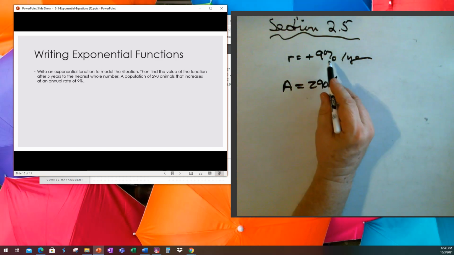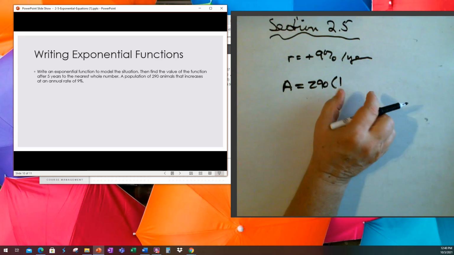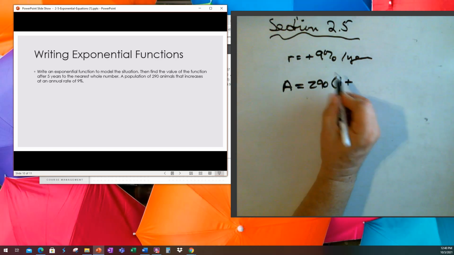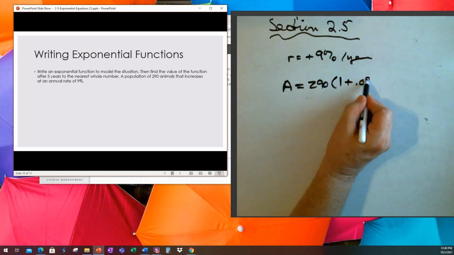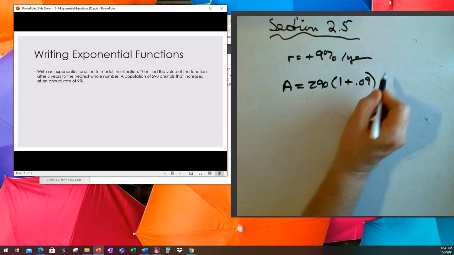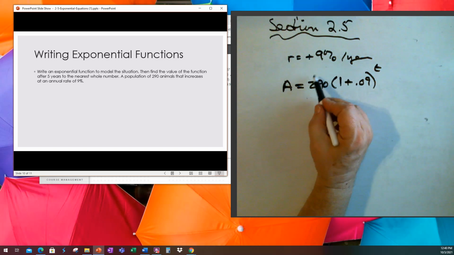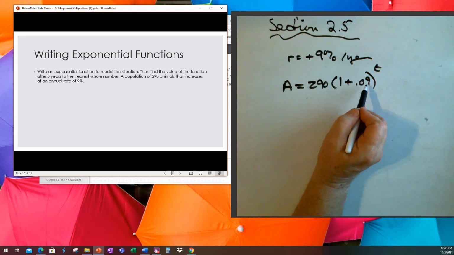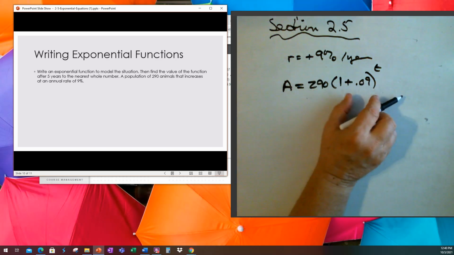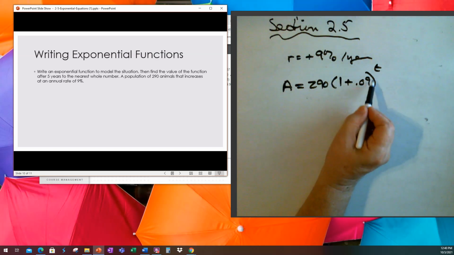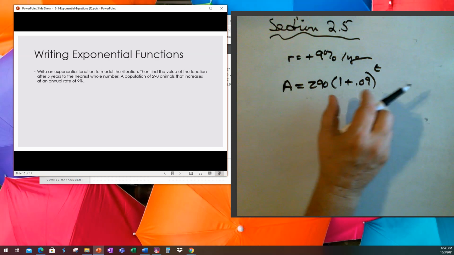They're increasing at 9%. We don't want to mix numbers and percentages, so we need to convert that into a decimal, 0.09, and then t. Each year you're going to have 1.09 times the previous year. You have the previous, plus 9% of the original added in, and you just keep doing this.